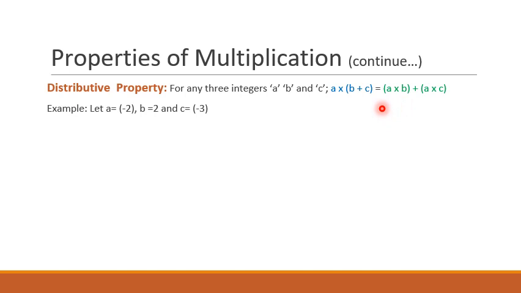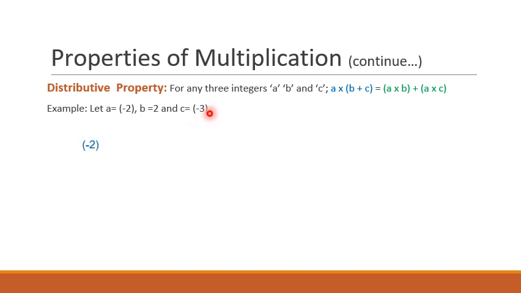Let's see an example so this property would be more clear to you. In this example, I have taken a as -2, b as +2 and c as -3.